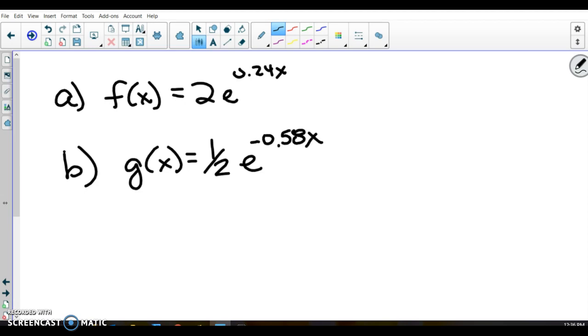There should be two things that you would want to compare and contrast with this, one being the coefficient to e, or the value being multiplied by e.